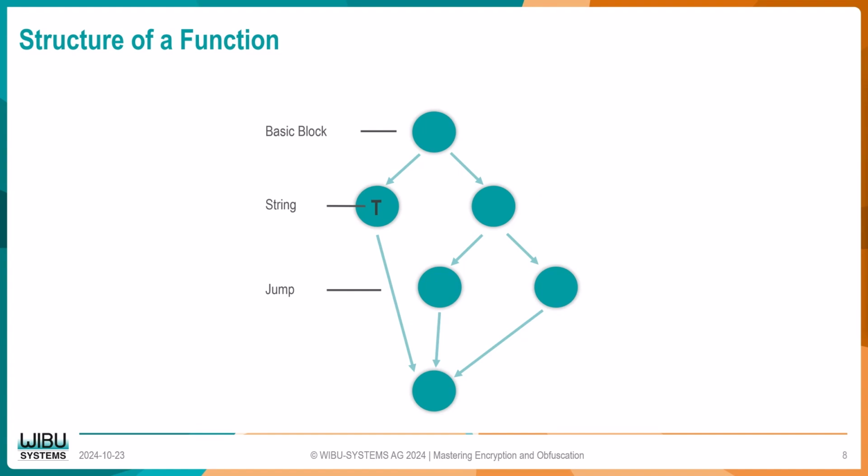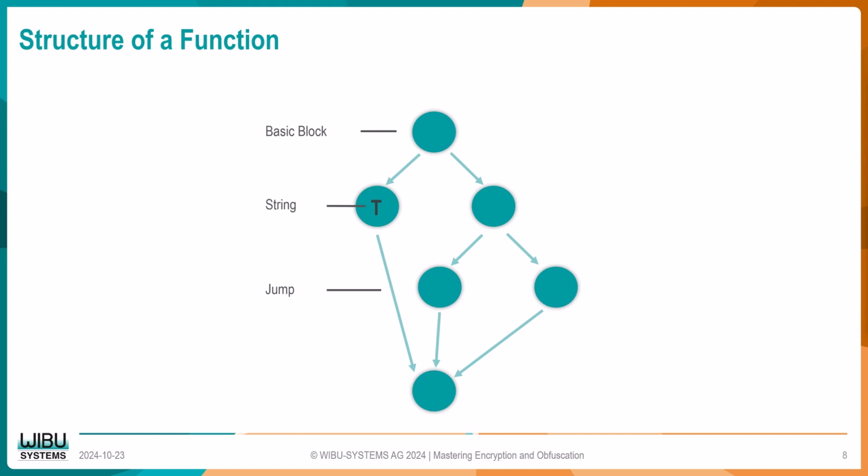Then we have our links between the balls. Basically, these are jumps. And we also have some data or strings, which is here defined as T. So this is a very simple control flow graph. And each of these balls ends with a control flow changing function. This can be either a jump or a return like in the last ball.